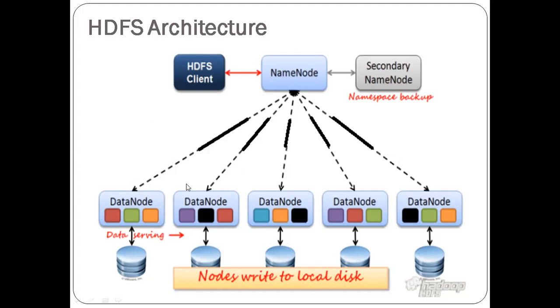If a file is divided into three different blocks, where the first block is stored and whether it is in read-write mode, all this information, like the metadata of the file, is stored in the name node when the file is created. Secondary name node is a backup for the main name node, that is the master node. All the files get stored in the data node.